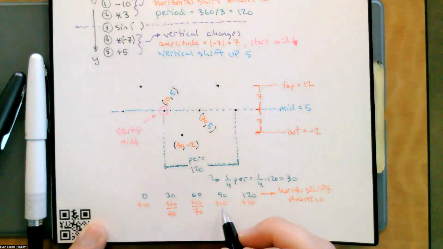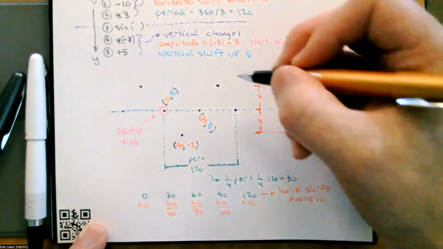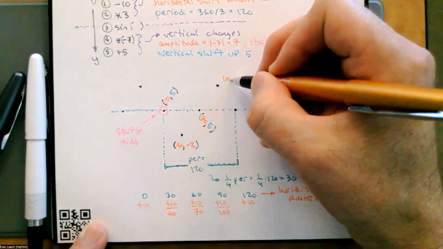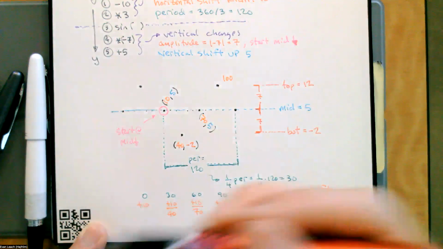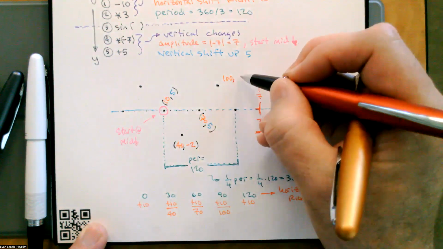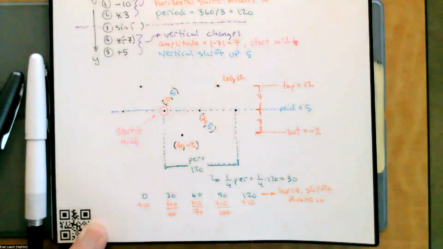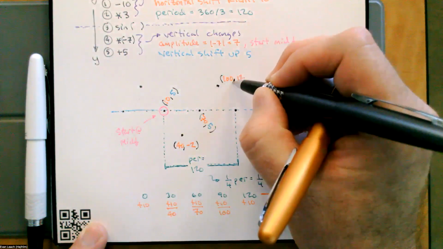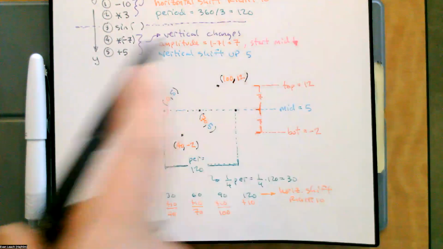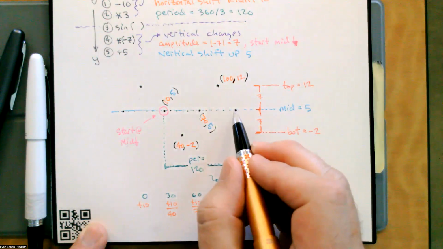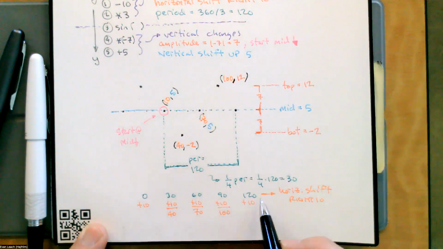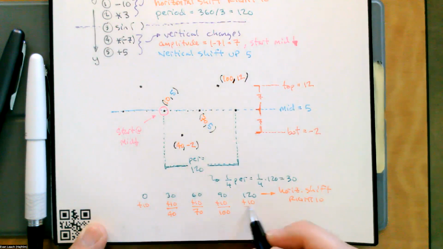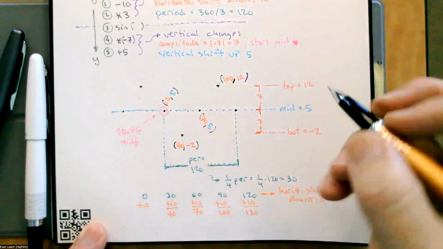Instead of this point at the top being at 90, 12, it's going to be at 100, 12. And finally, this last point, the 5th point, instead of 120, it's going to be at 130.